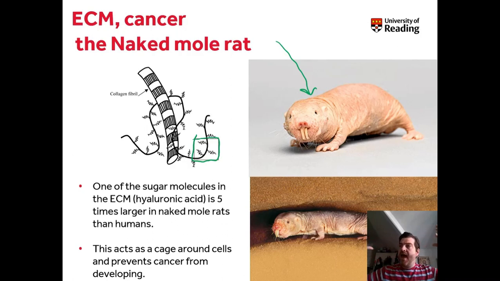And this helps the extracellular matrix form a protective cage around cells, and it makes it very difficult for cancer cells, which occur naturally all the time, to migrate through the extracellular matrix, and therefore these animals don't really experience cancer. So they're an interesting study species, and it shows how changes in the extracellular matrix can actually affect how a disease might occur.